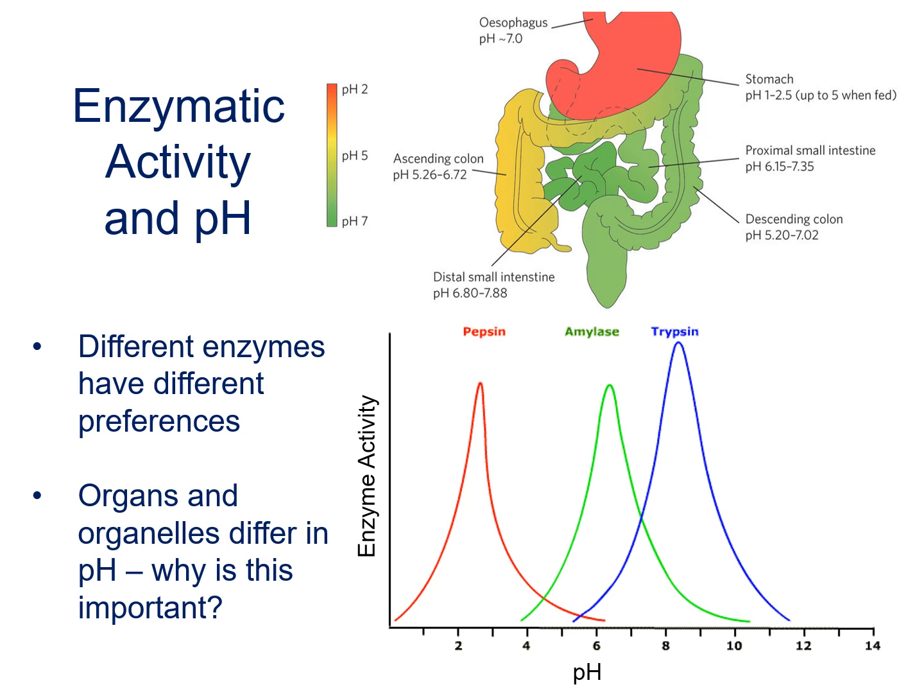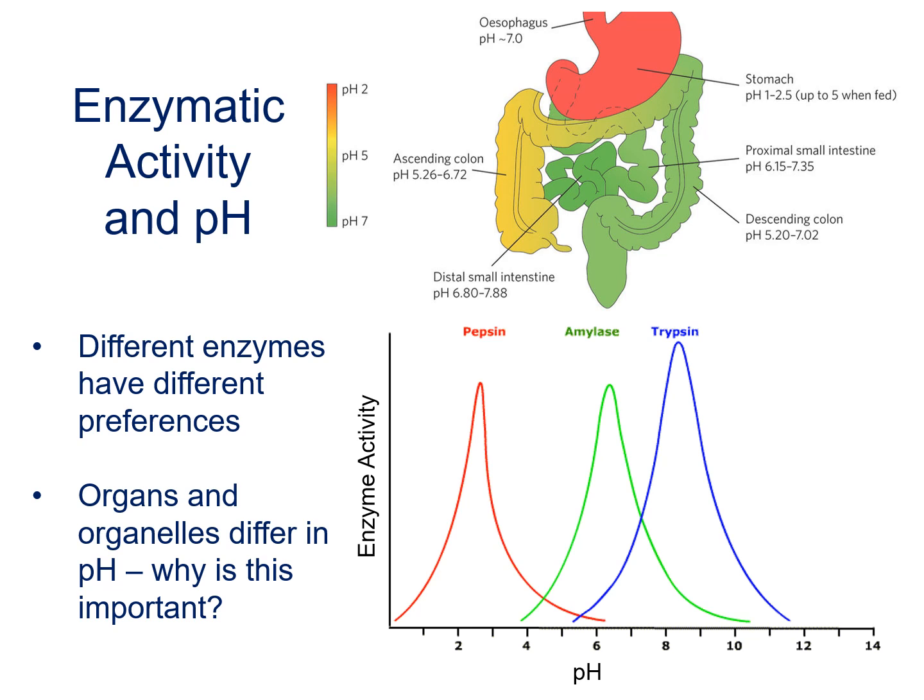And then it will take those chunks and break them down even further. Amylase, you can see, prefers a near neutral pH. Amylase breaks down starch. So different things can happen in different parts of the digestive system, and what enzymes are going to be active is determined by the pH.